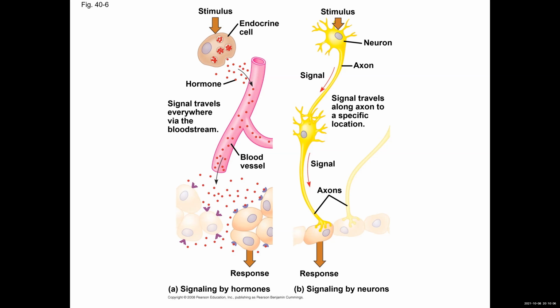Some of them are processes that are turned on automatically if they're incredibly important to your basic life functions, that you don't have to have a thought to increase your heart rate. There is a set of almost like a computer program that takes over and causes that to happen.